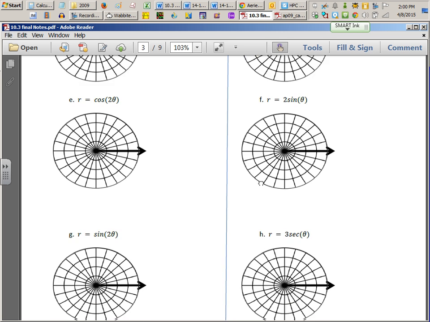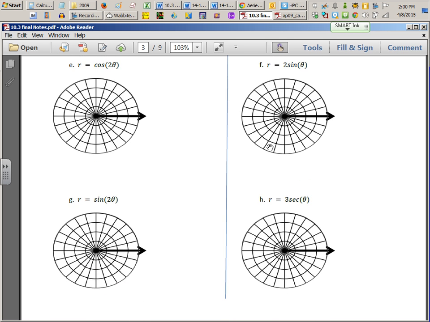Okay, so we're on this next one, and because I've done this a lot, and because of some of the cheats at the end of this lesson, if you peek ahead, you'll see that these are actually very familiar shapes. So this is a four-petaled rose. How do I know that? I have it memorized.